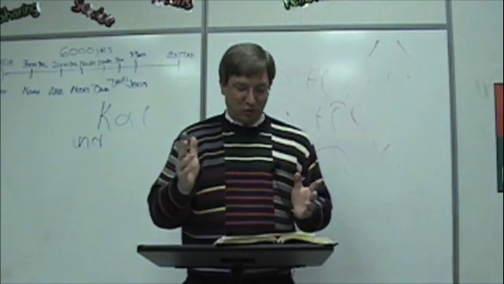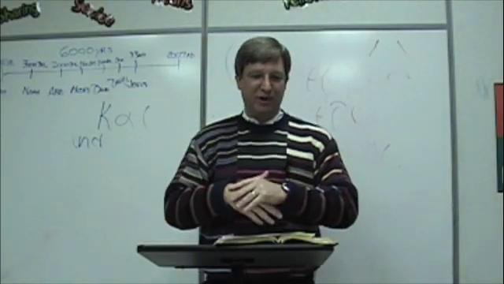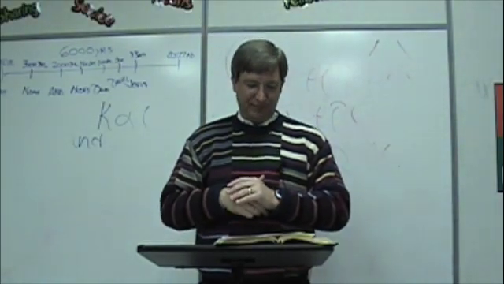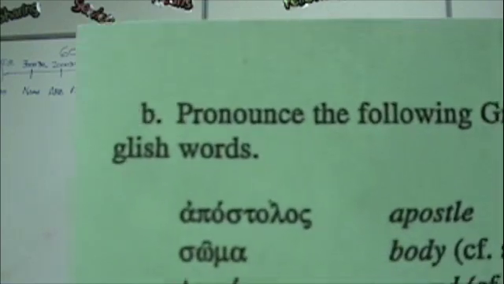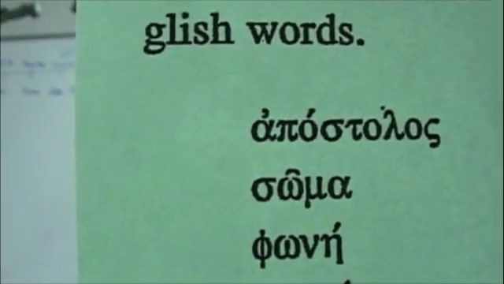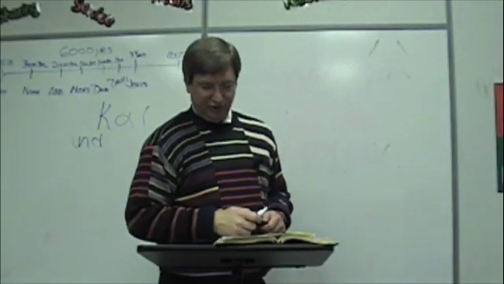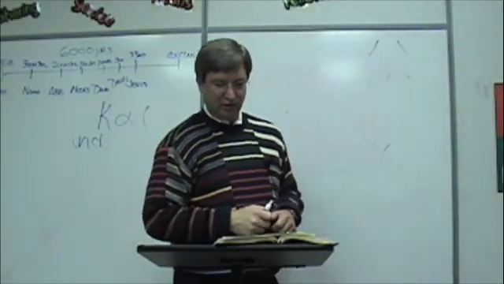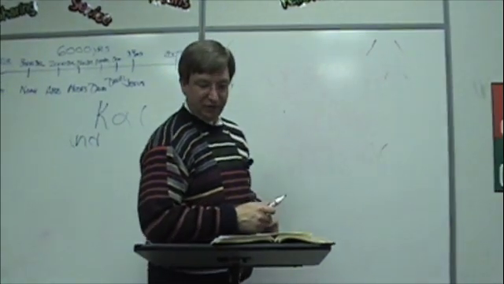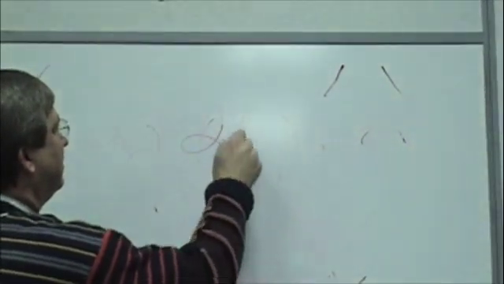Okay, very quickly, let me mention the mark over apostolos. It is called a breathing mark. There are two breathing marks. There is what we call the smooth breathing, which looks like an apostrophe, I guess.